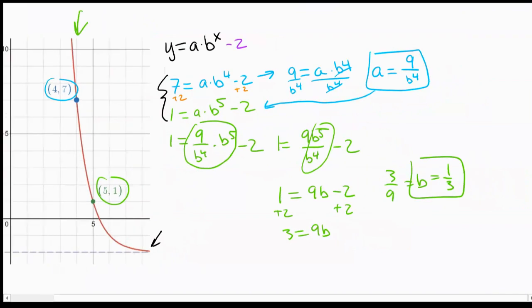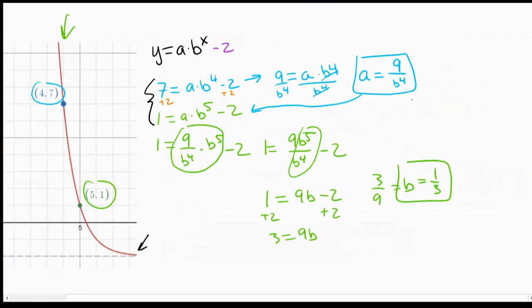Last thing here is that I have to plug this b value back in to find the a value. So a is equal to 9 over (1/3) to the power of 4. It's a little bit messy here, so it's 9 over 1/81. And then remember, we're multiplying by the reciprocal when we are dividing a fraction.